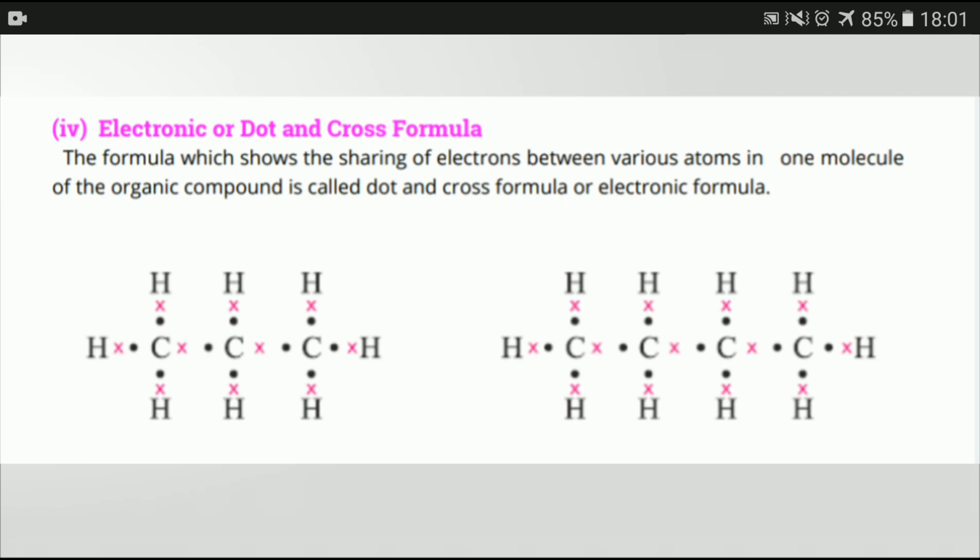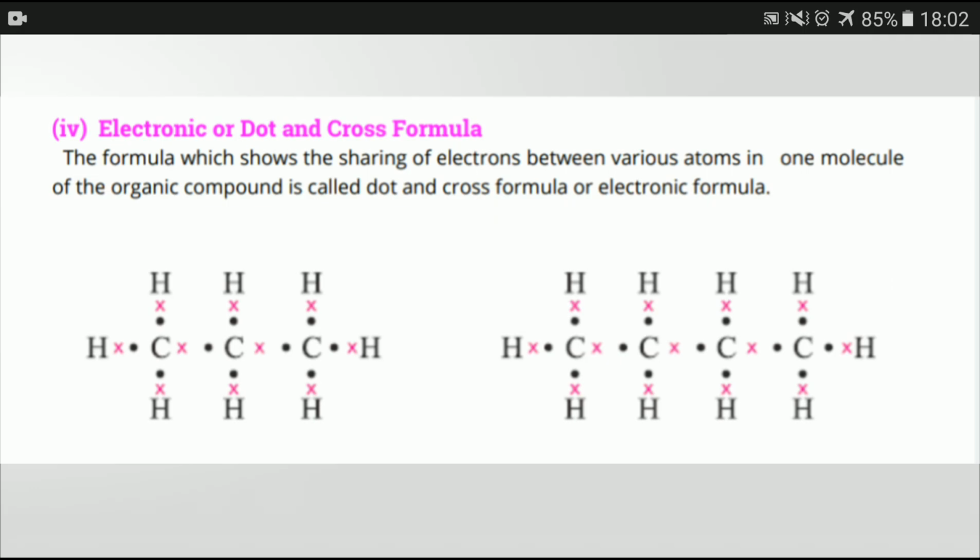Dot and cross formula you have learnt in 9th class already in the Lewis structure diagram, showing the outer electrons with the help of dot and cross, one element with dot and the other element with cross. This is known as dot and cross formula or Lewis structure diagram. The formula which shows the sharing of electrons between various atoms in one molecule of the organic compound is called dot and cross formula or electronic formula.